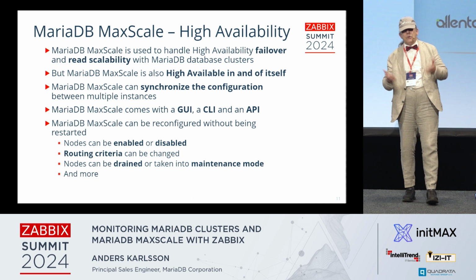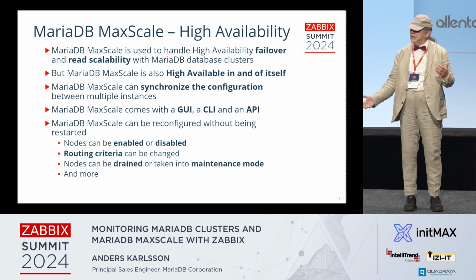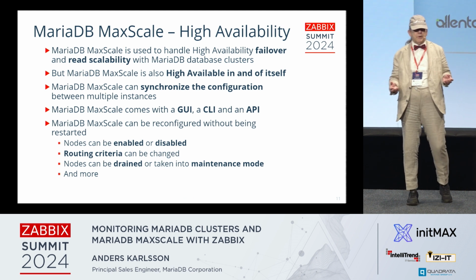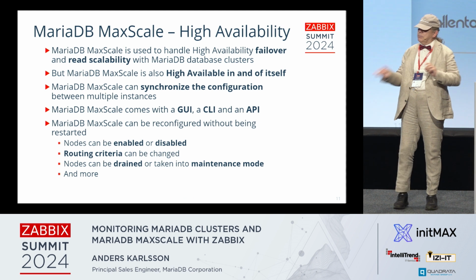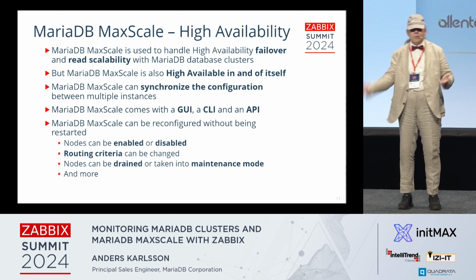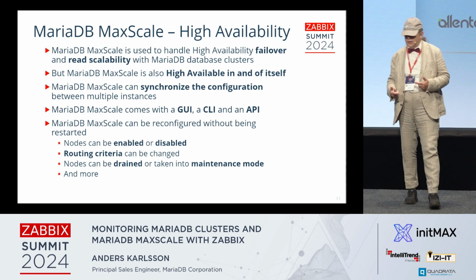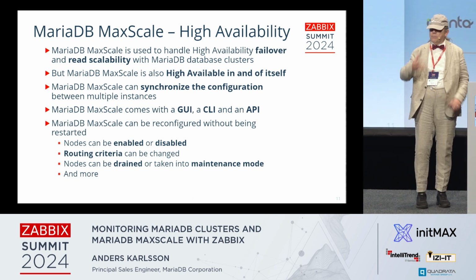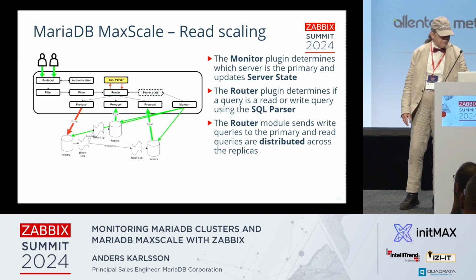It comes with a GUI, an API and a CLI that can all do the same thing. You can modify the configuration without having to restart MaxScale. You can add and remove servers, take servers out of operation, change the configuration. All sorts of stuff can be done live. You can take nodes out of operation into drain mode or whatever.